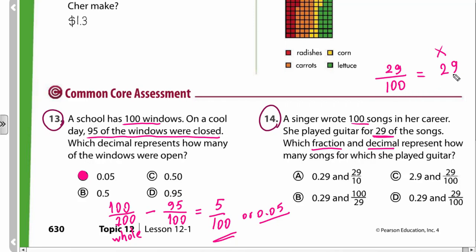So the point should be after 2 digits here. I don't have a whole number, so as a decimal, the whole number is 0, and the point after 2 digits. So which one is the correct choice? D. Yes, thank you, Muhammad.